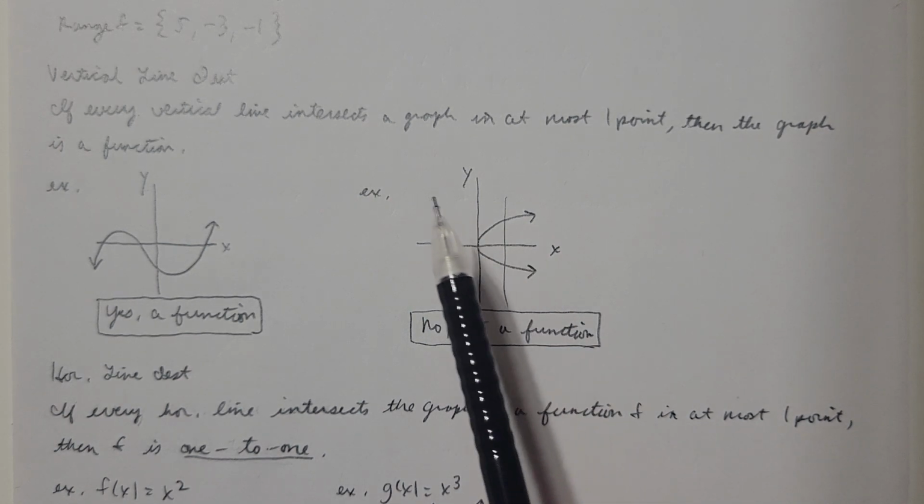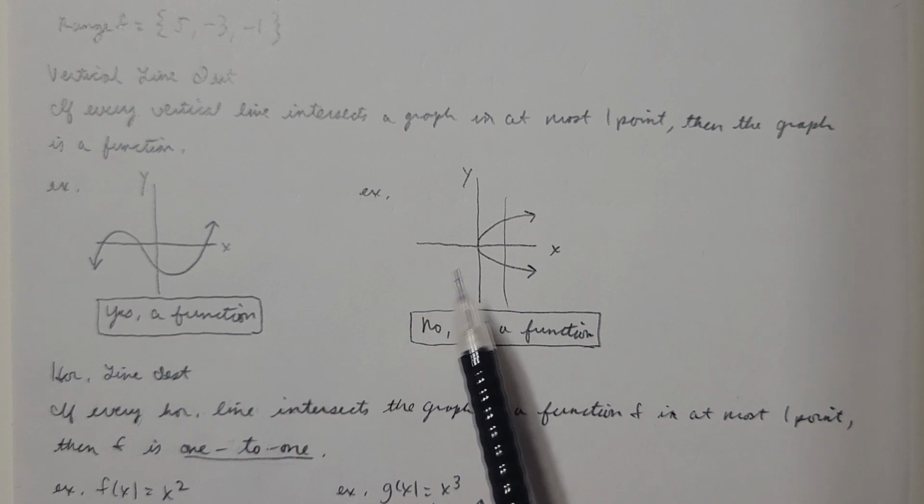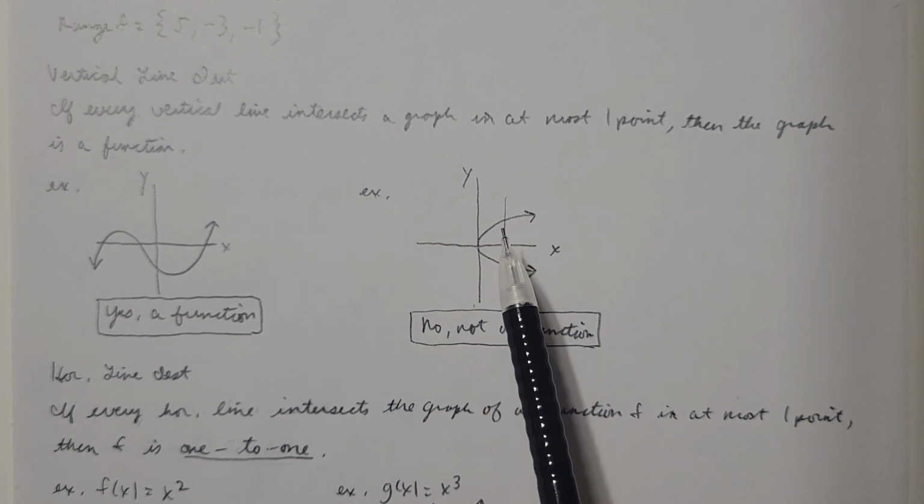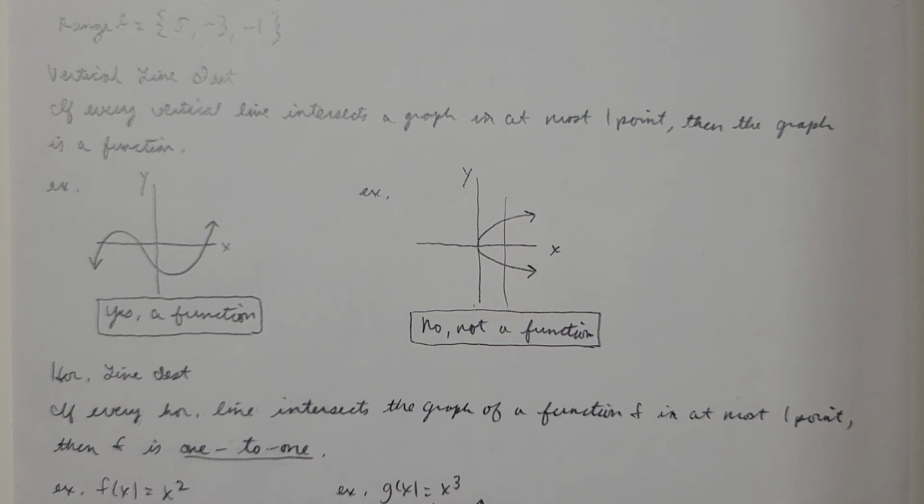So yes, you're all good on the left side of the y-axis, but where the test fails is over on the right side. All you need is one vertical line to intersect the graph in more than one point for the whole thing not to be a function.